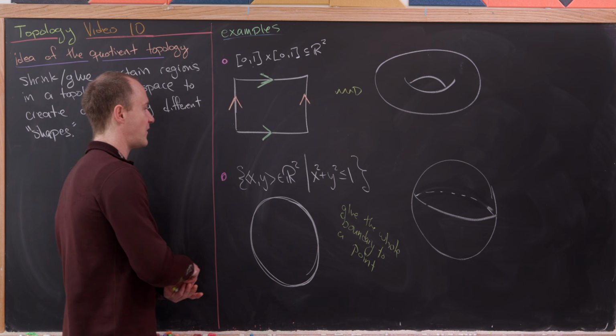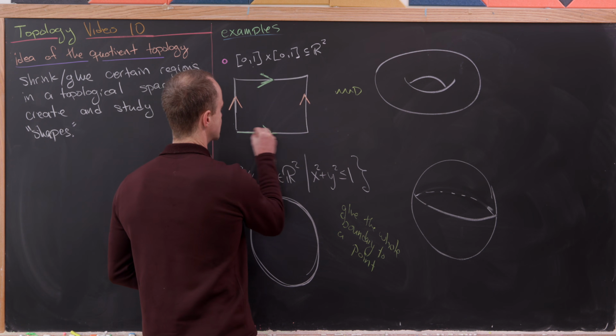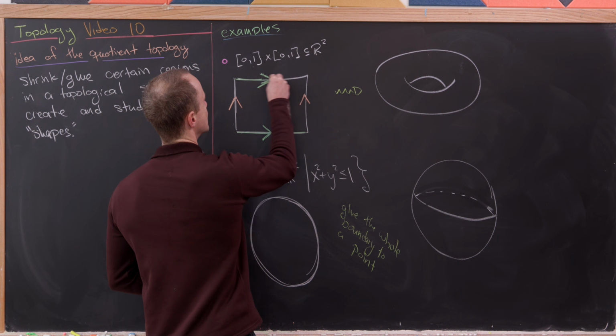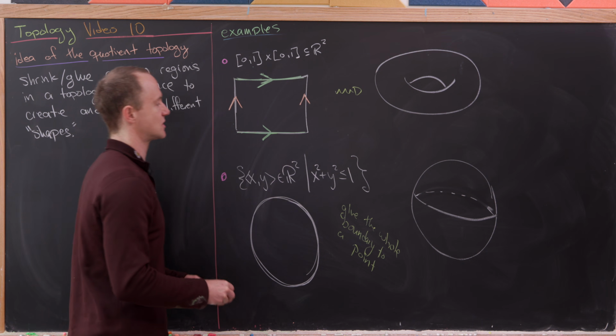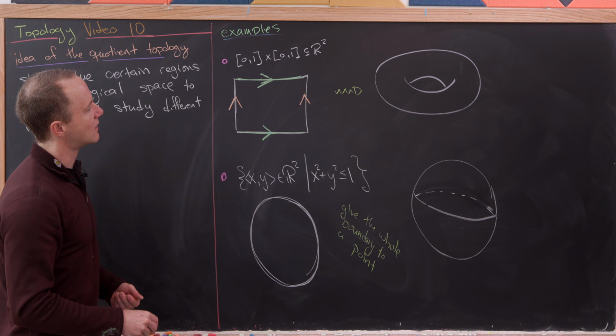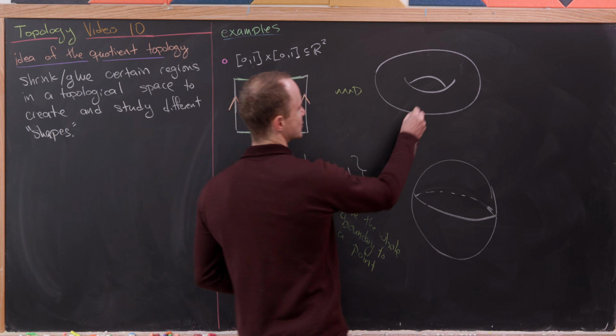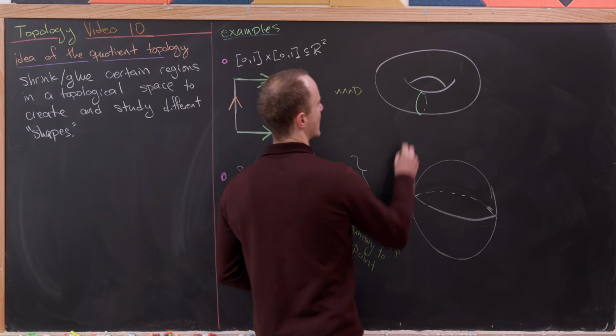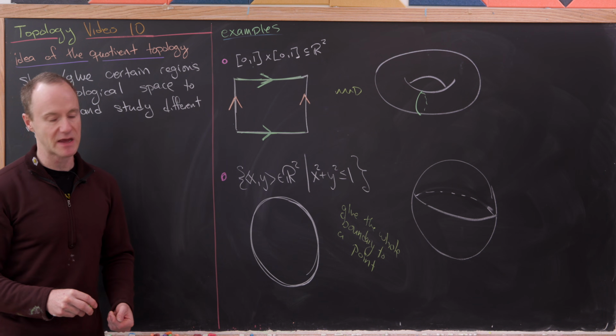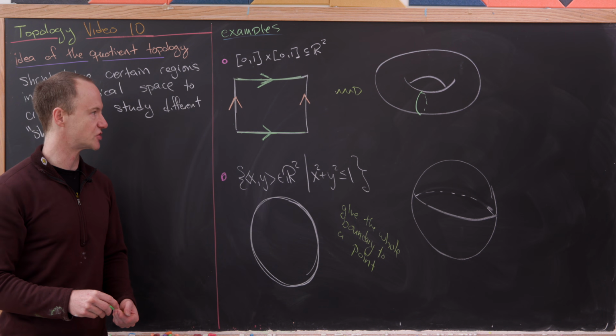And if we want to follow where these edges go, so let's say this green thing is glued to this green thing. Well, let's see, that's going to give us a circle over here. Now, where that circle is kind of depends on the exact gluing location.